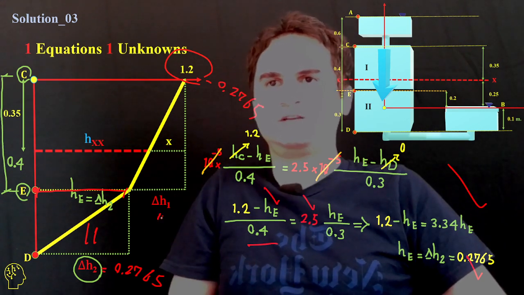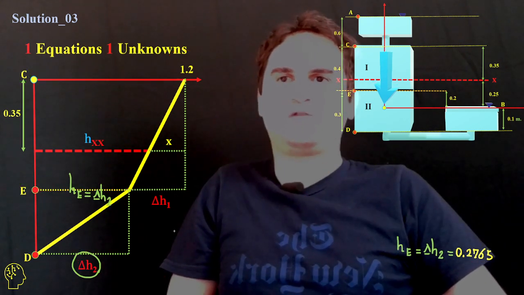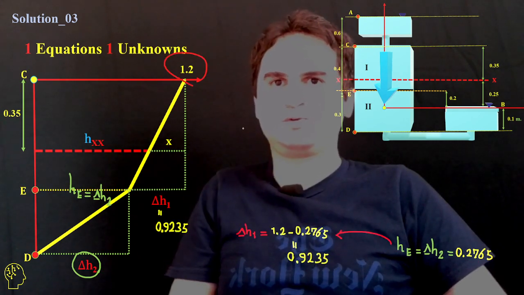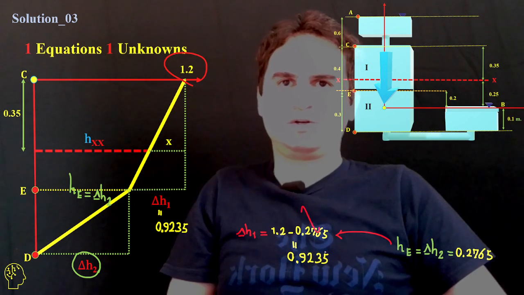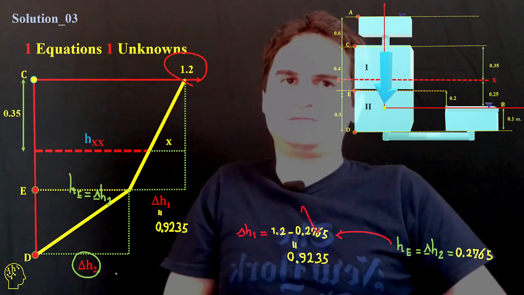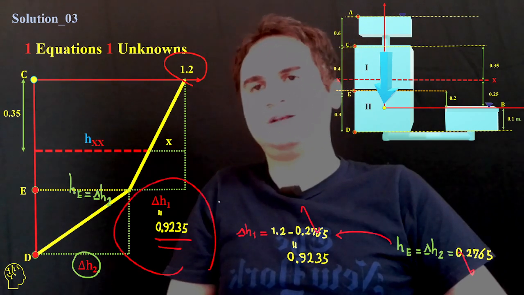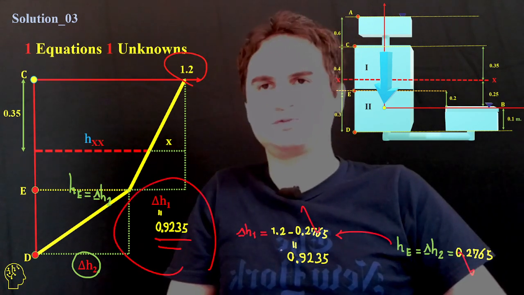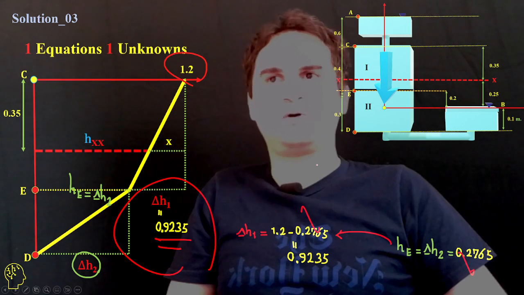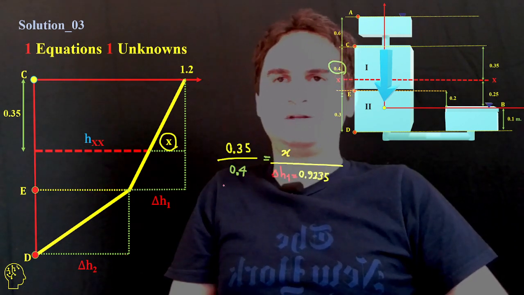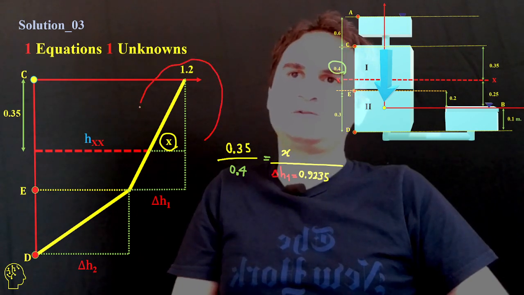So delta H1 is the total minus delta H2, which we already calculated here, and it gives us the same numeric value for delta H1 as in the previous solution. As soon as we have both delta H1 and delta H2, we can easily jot down the similar triangles.